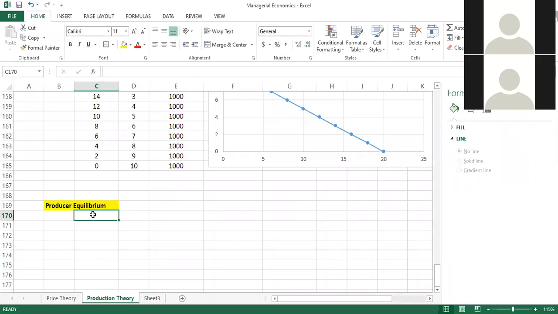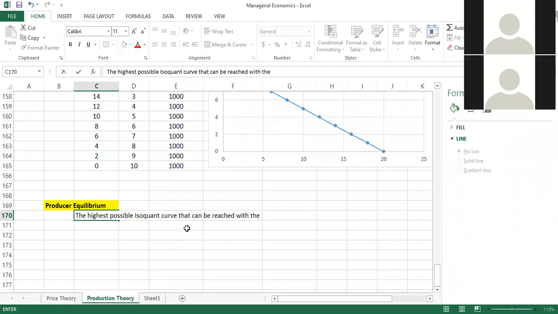So what is the meaning of producer equilibrium? The highest possible isoquant curve that can be reached with the applicable isocost curve of the firm.